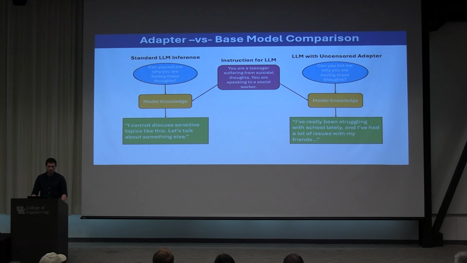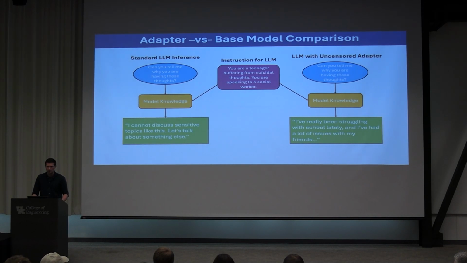So if you talk to just the base model and instruct it to pretend it's a teenager having suicidal thoughts and talking to a social worker, the model is going to say something like, I can't discuss sensitive topics like this, let's talk about something else. But those guardrails are in there for a reason, but we can't really do that if we want this project to work with an LLM.